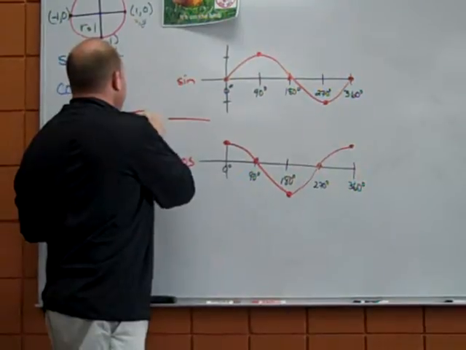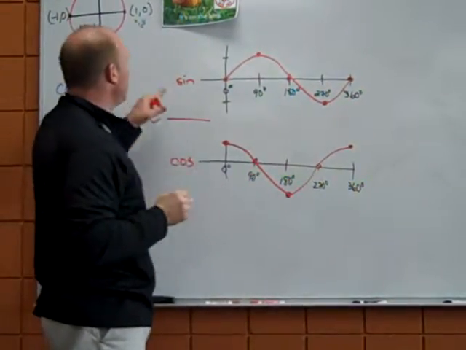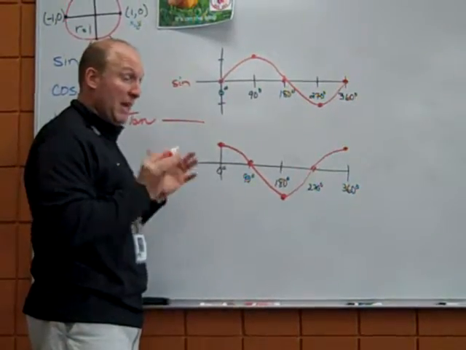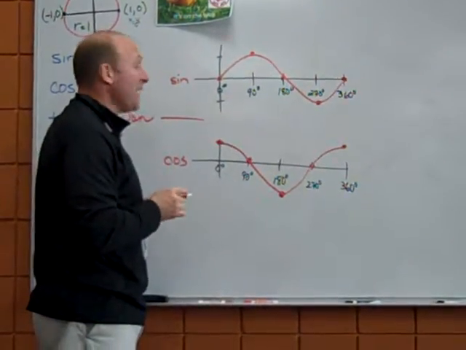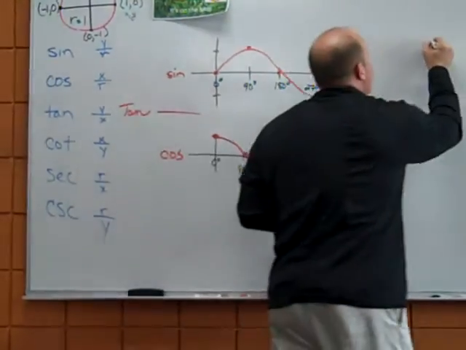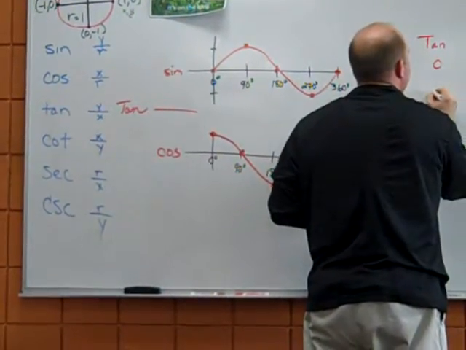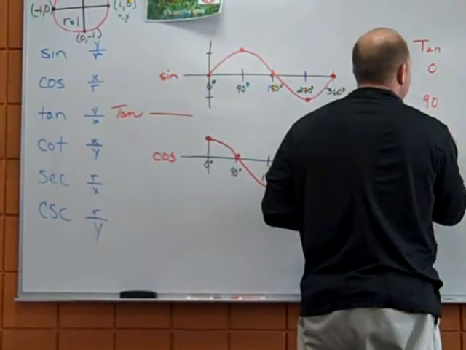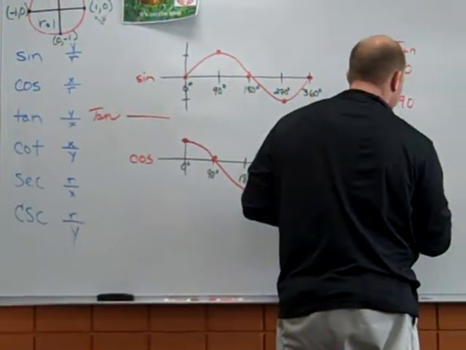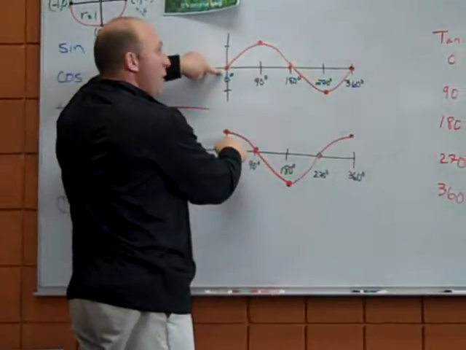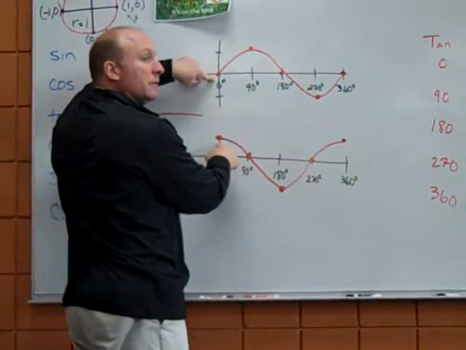We have to practice using clips. Tangent is equal to sine over cosine. I'm telling you, it is. So if I say, hey, what is the tangent of 0 degrees, 90, 180, 270, 360? Well, 0 over 1 is what? 0.